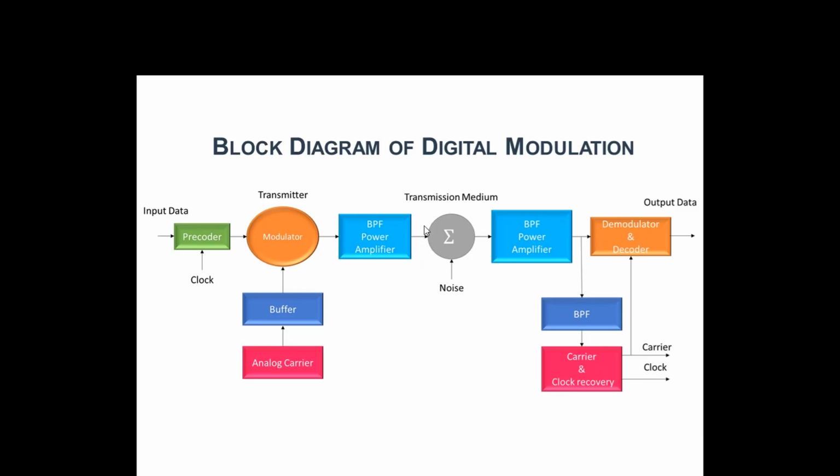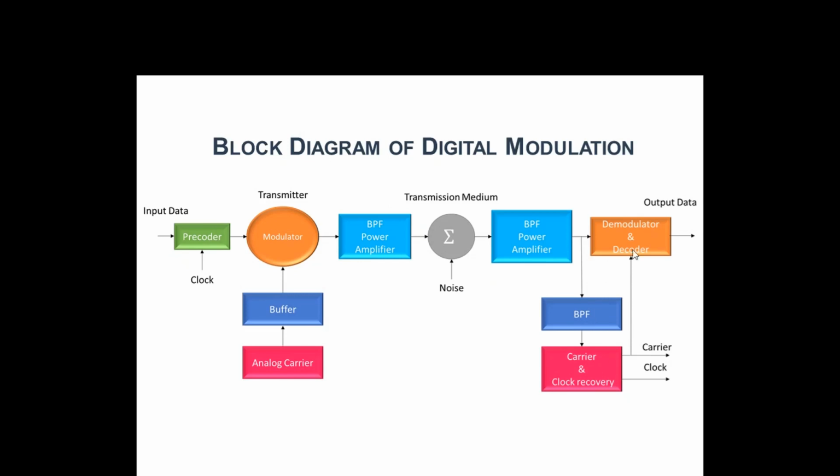In this transmission medium, the modulated signal is corrupted with noise. Then it goes to a band pass filter and power amplifier, and then to a demodulator and decoder circuit. From the band pass filter power amplifier, the signal goes to a BPF to recover our carrier signal back.